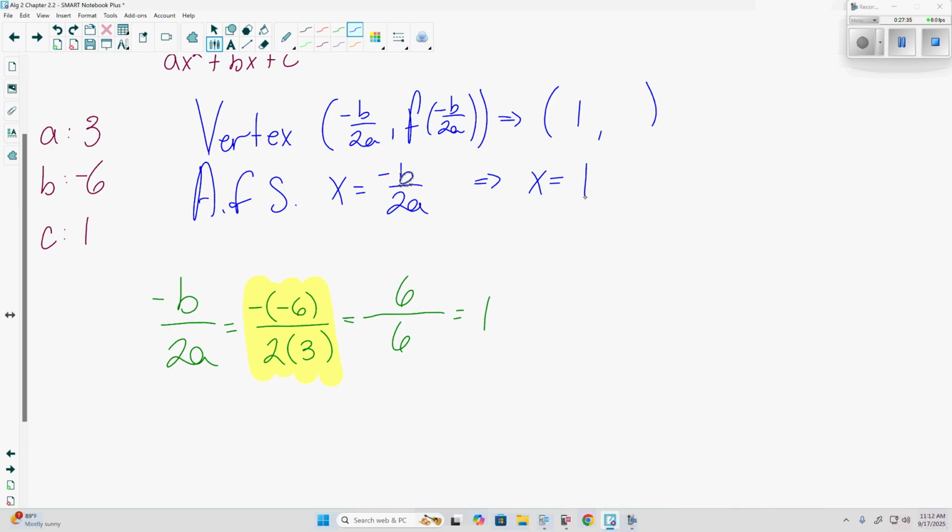Vertex and axis of symmetry, yes? Well, out of the two pieces, we have found the axis of symmetry already, yes? We found the whole equation. We don't need to do anything else with that. The vertex, we found half of it. So we've pretty much almost finished this. We found half of the vertex and the axis of symmetry.